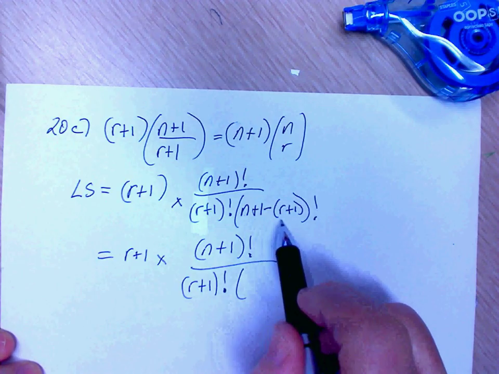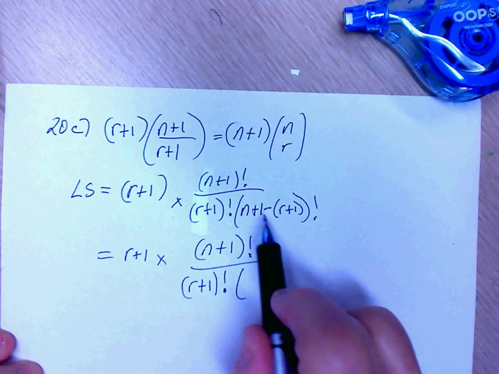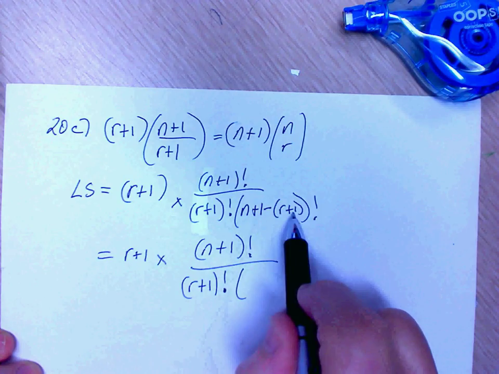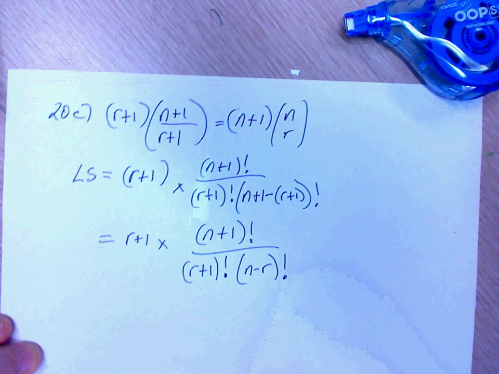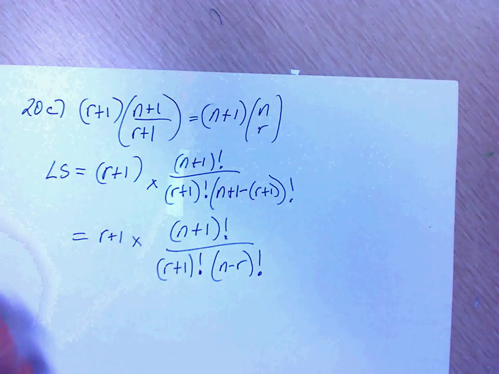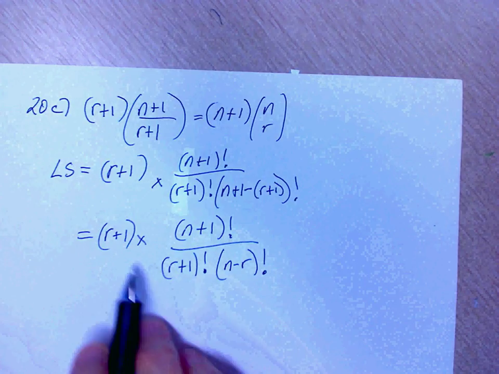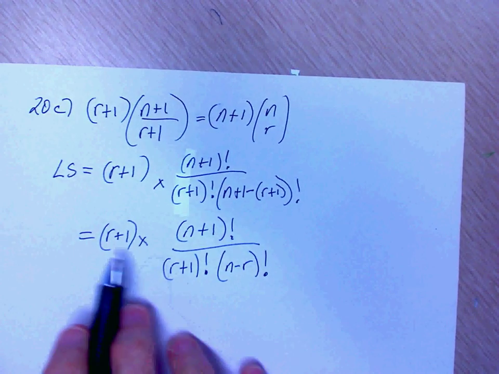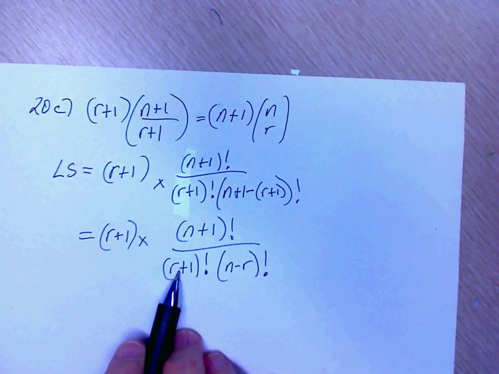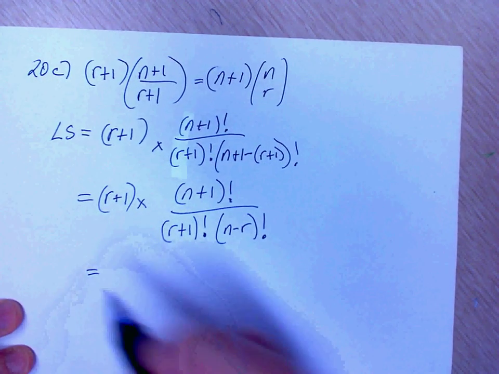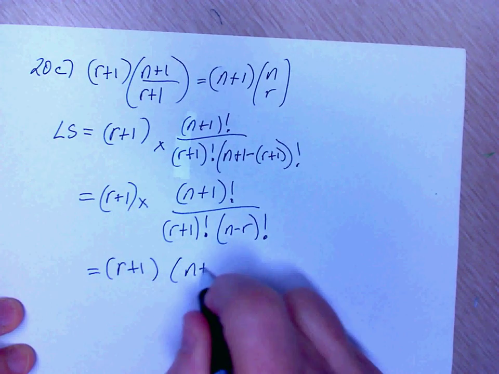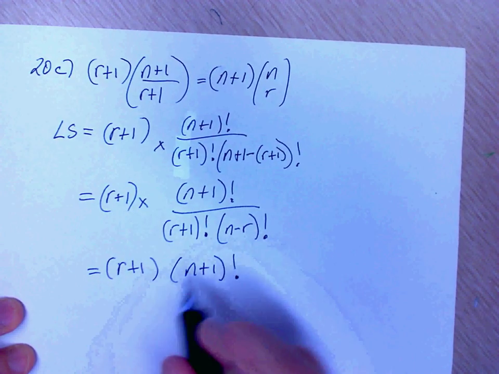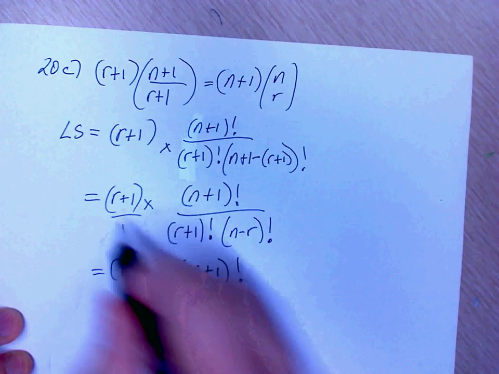Because plus 1 minus 1 is 0, this works out to be n minus r factorial. Now I can go a little further because I can see some simplification here. This is equal to r plus 1 times n plus 1 factorial, as if that was 1, so I'll put it all over the same denominator.